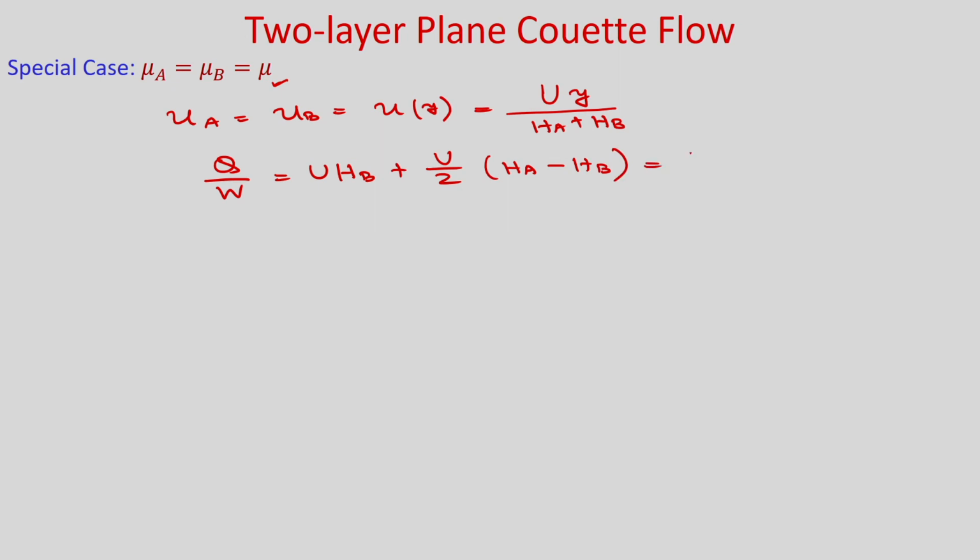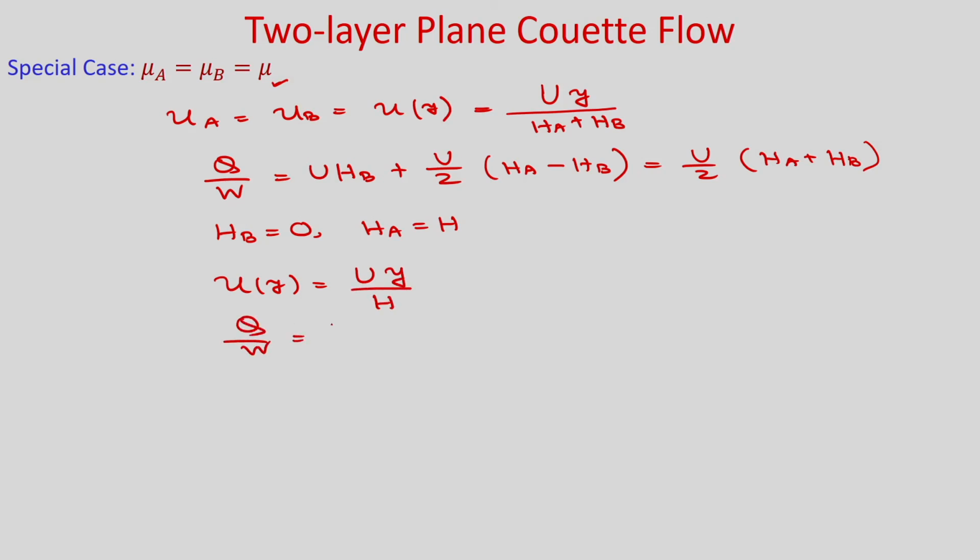Okay. So, you will get U by 2 (Ha plus Hb). Okay. And let us say that Hb is equal to 0 and Ha is equal to H, then you will get plane Couette flow. So, you see the velocity profile will be the same as the plane Couette flow we have derived, U y by H, and Q by W is U H by 2.